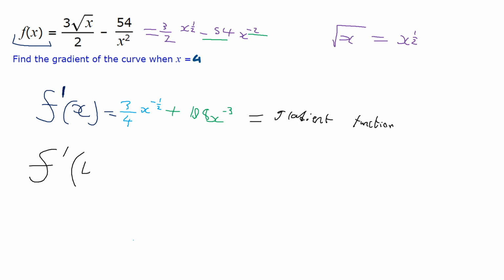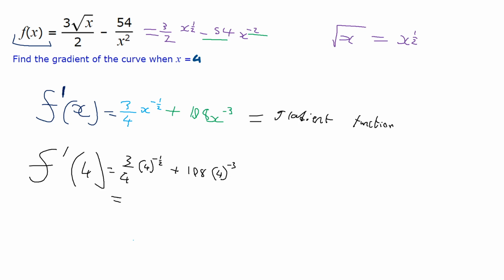So to work out the gradient when x is equal to 4, all we're going to do is substitute 4 into our answer. So this will be 3 over 4 times 4 to the power of negative a half plus 108 times 4 to the power of negative 3.